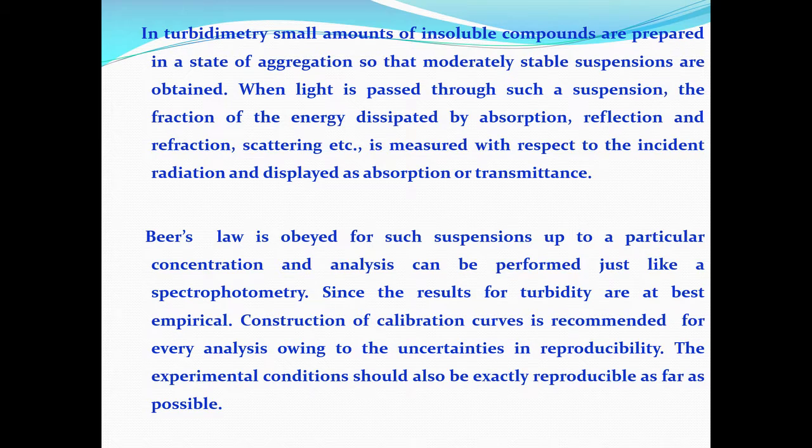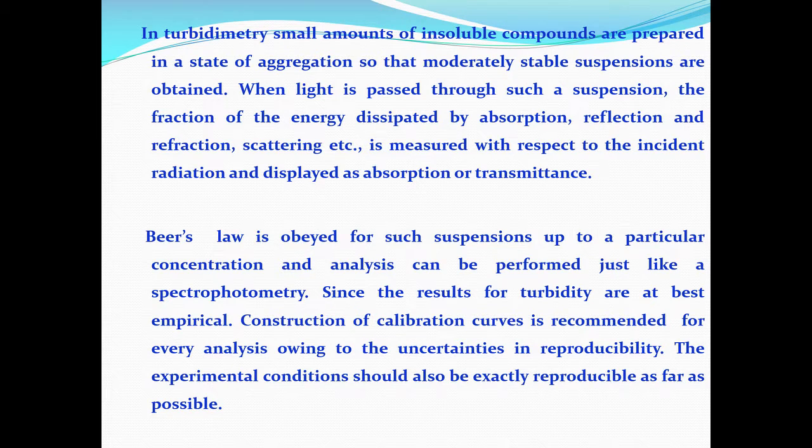Now, for such suspensions, Beer-Lambert's law is obeyed up to a particular concentration, and analysis can be performed just like spectrophotometry. Since the results for turbidity are at best empirical, as I have explained to you a number of times, whatever way you prepare the standards, next day if you come and prepare, unless the conditions are extremely critical and exactly the same, you will not get the same absorbance.